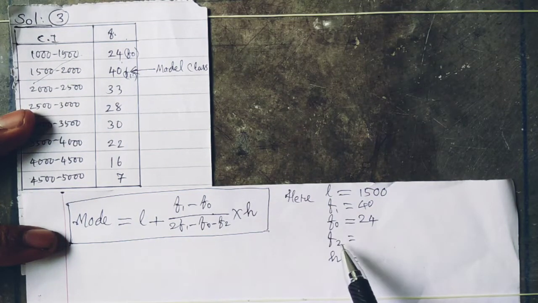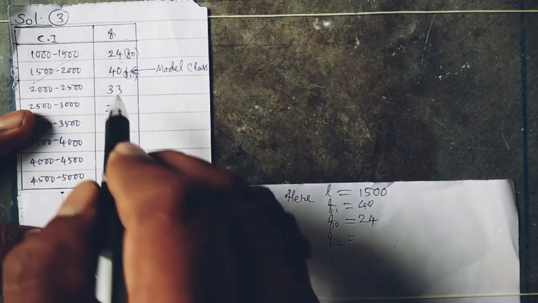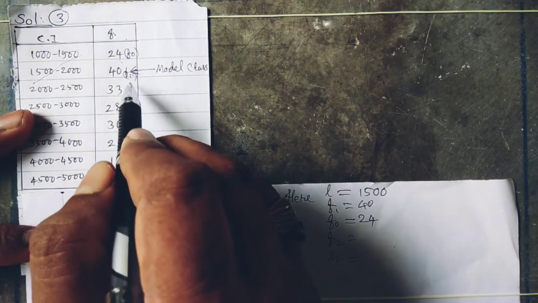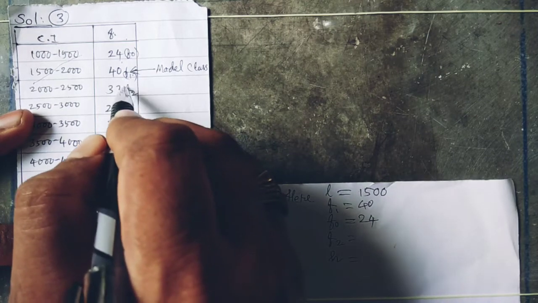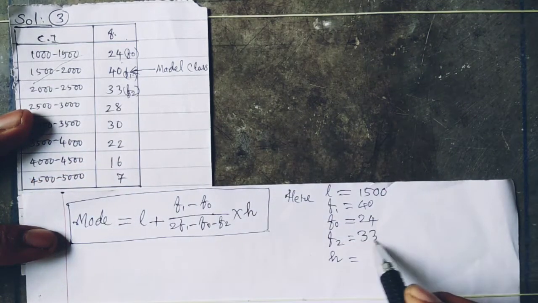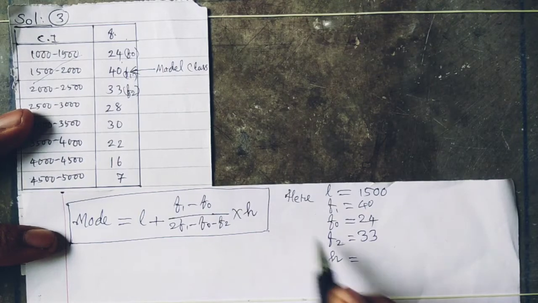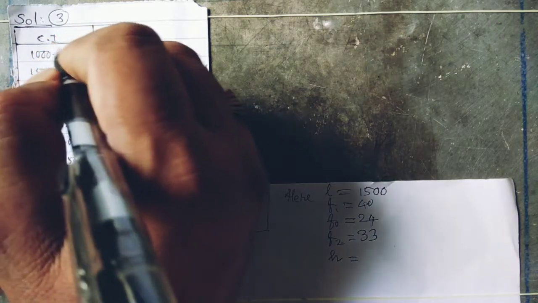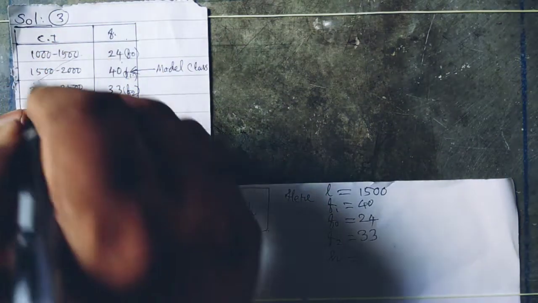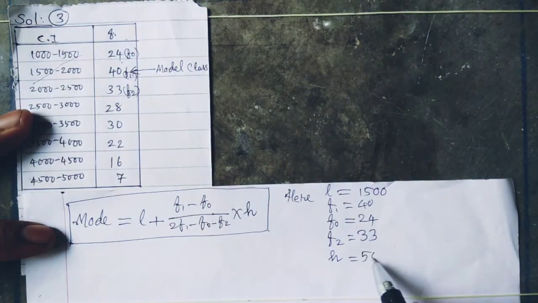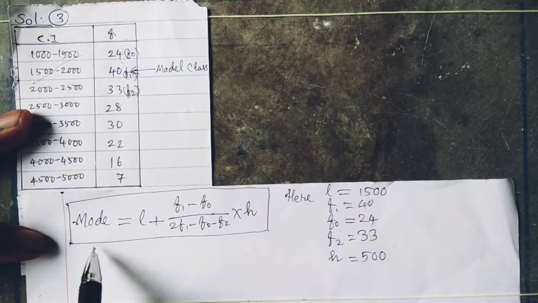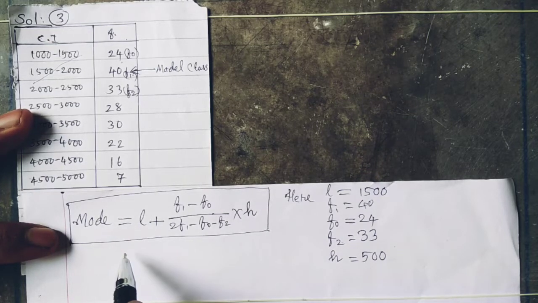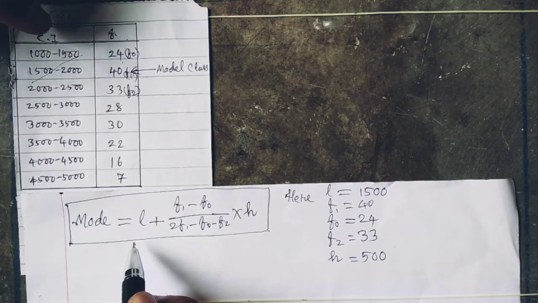Next, F2 is the frequency of the class succeeding the modal class, so F2 is 33. Next, H is the size of the class, the difference of lower limits or of upper limits. So 500 is the size of the class.